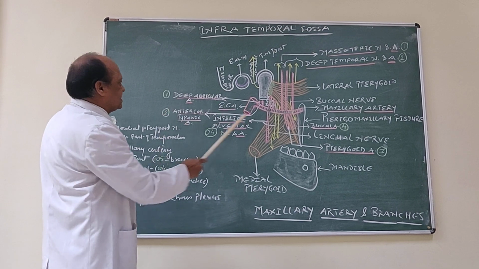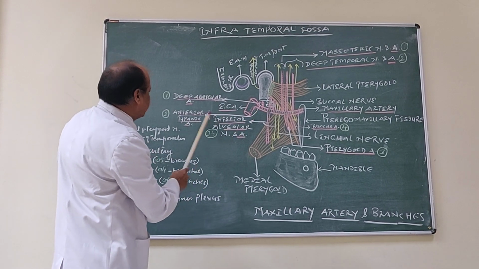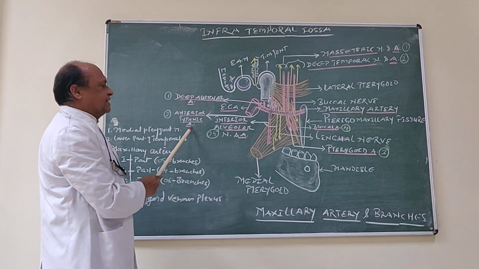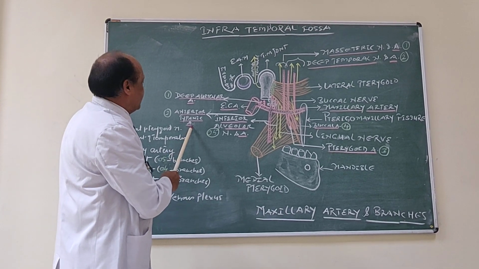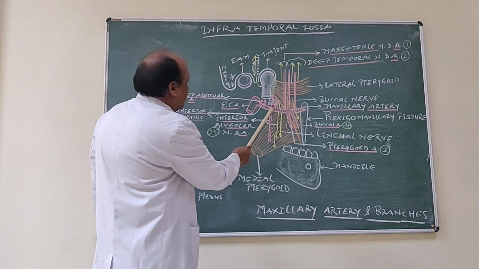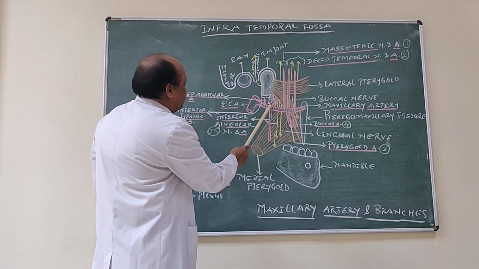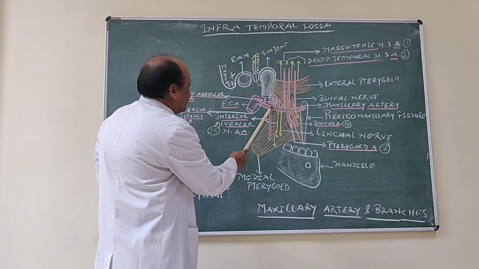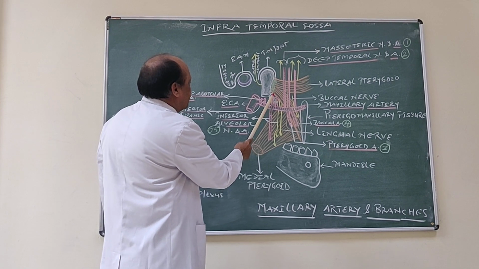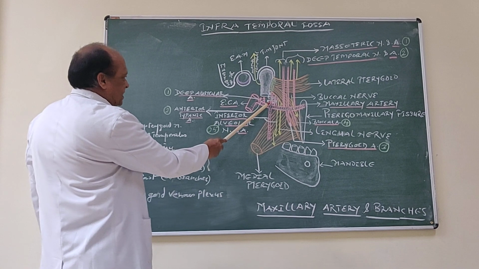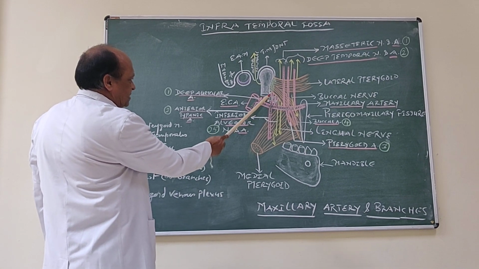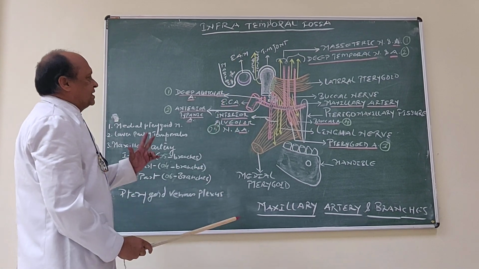Another branch is here, the anterior tympanic artery. It supplies the inner aspect of the tympanic membrane. The third one is the branch from the first part of the maxillary artery running upwards, passing deep to the lateral pterygoid muscle. This artery is the middle meningeal artery.